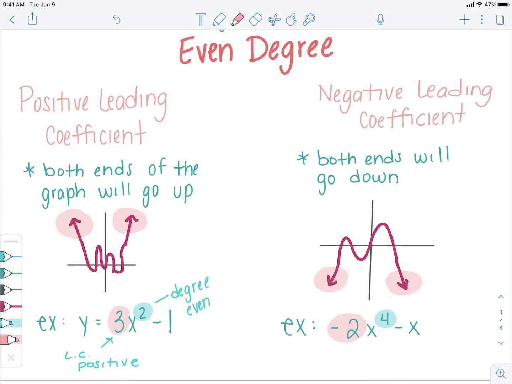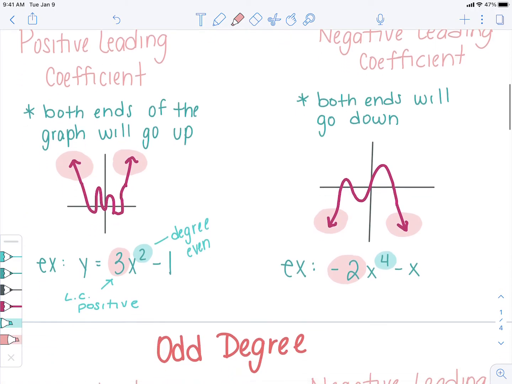Or both ends of the graph are going down, so it's even and it's negative. Or you might look at the equation and say, oh, the degree is 2, and that's even. And the leading coefficient is 3, and that's positive, so it's even and positive. Okay, let's look at the odd ones, and then we'll do some examples to clear it up.